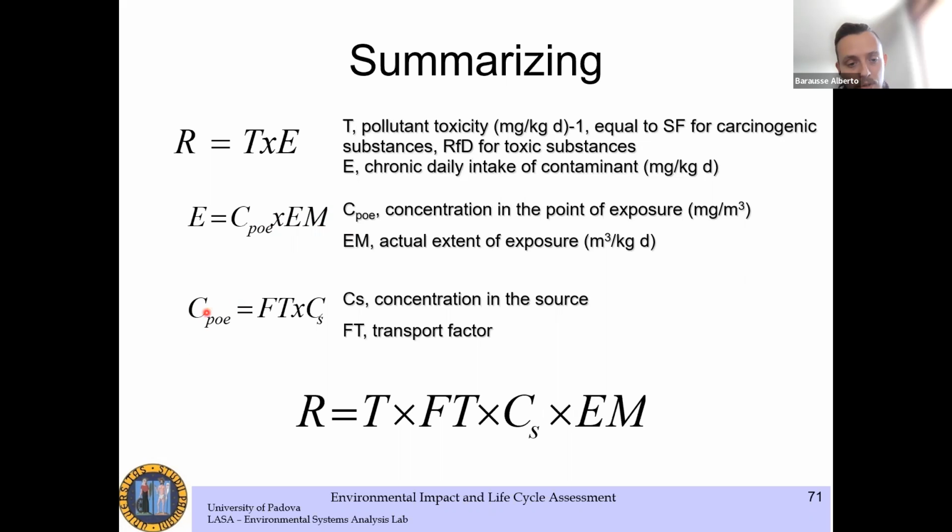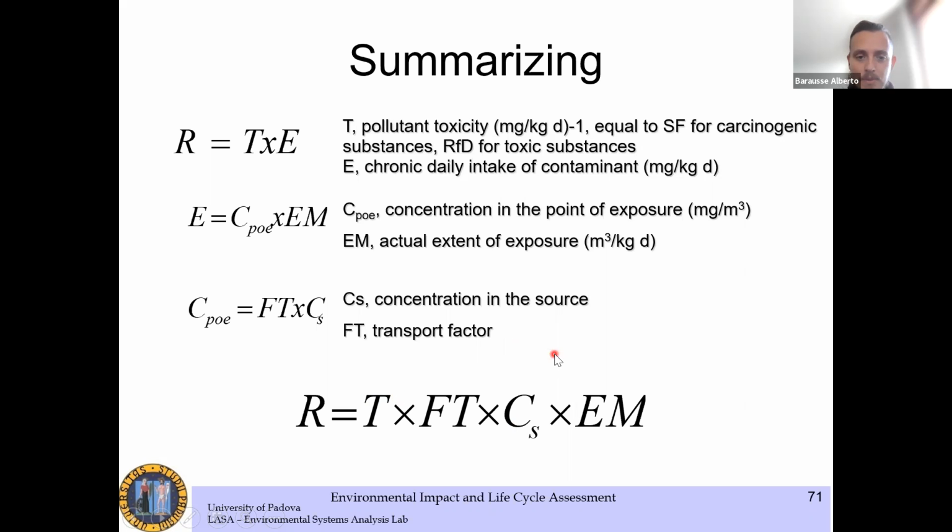And the concentration in the point of exposure is the concentration in the source of contamination times a transport factor, which quantifies how concentration of contaminant changes when transported through air, soil, water. So you see that risk is actually the product of many different terms.